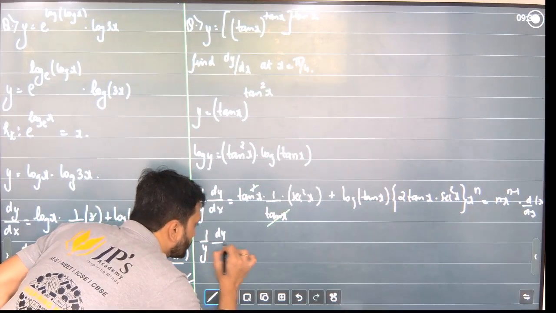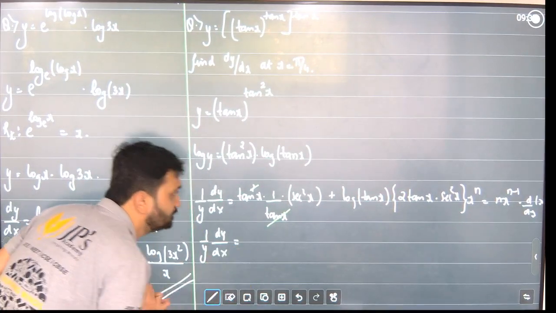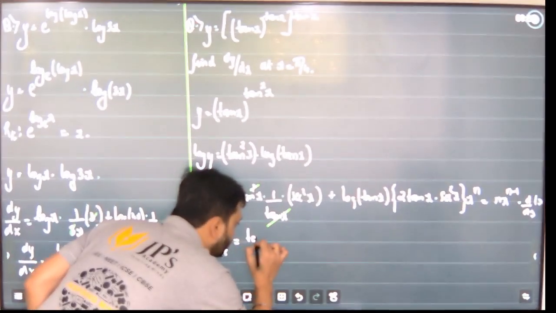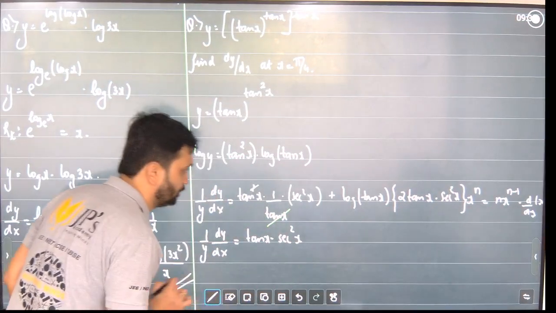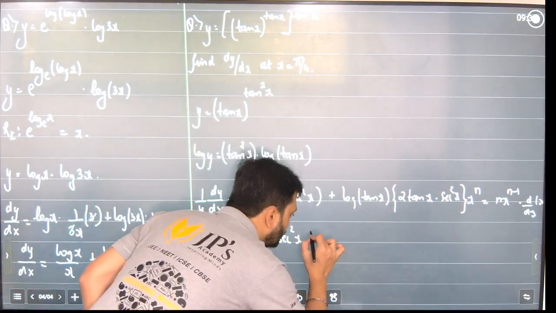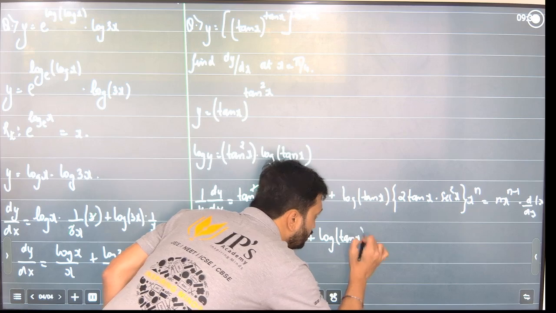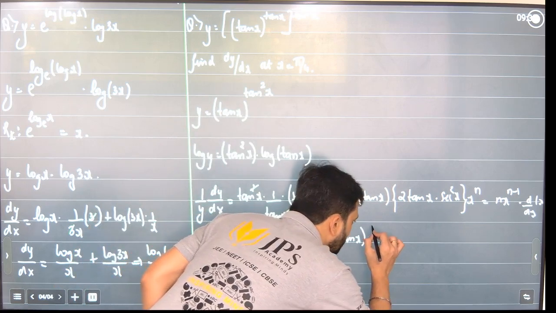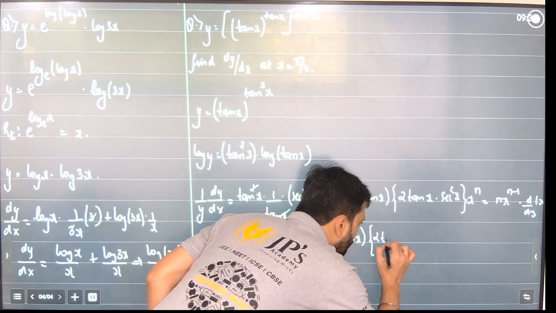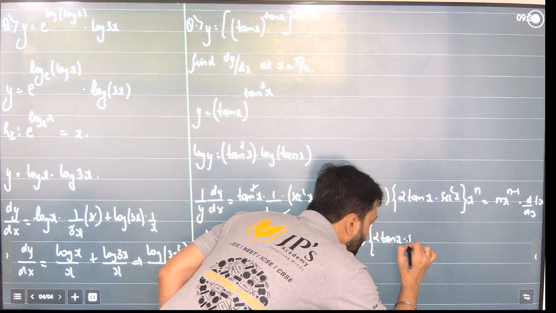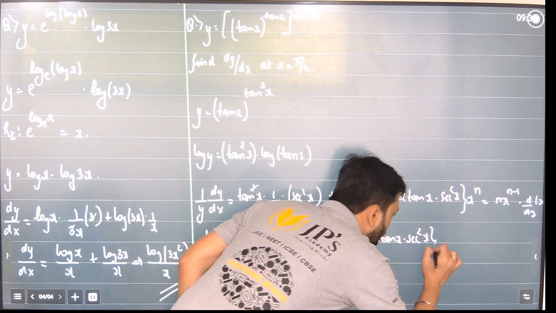Okay, so I'm left with 1 upon y dy by dx is equal to tan x into sec square x. Okay, this is the first term. Plus log of tan x into 2 tan x into sec square x.